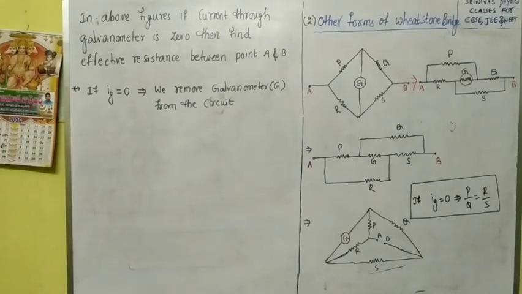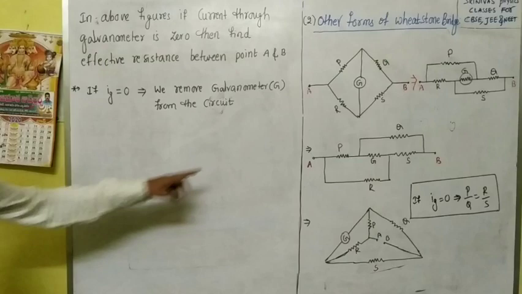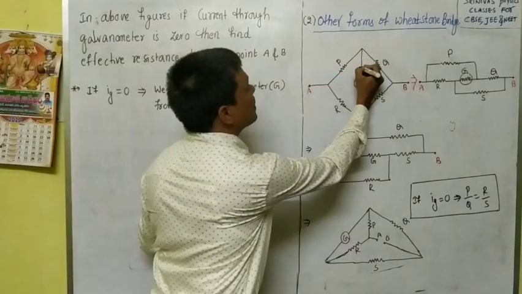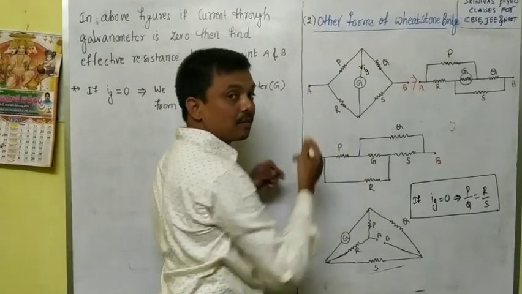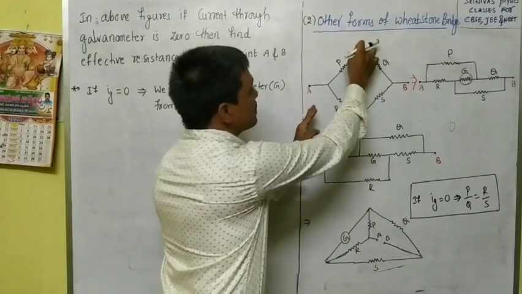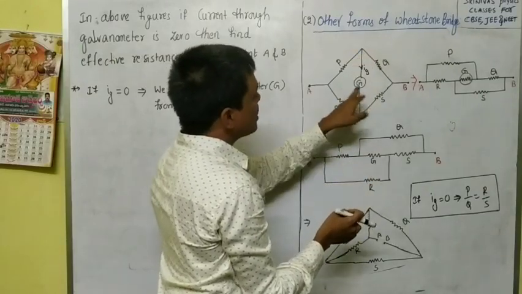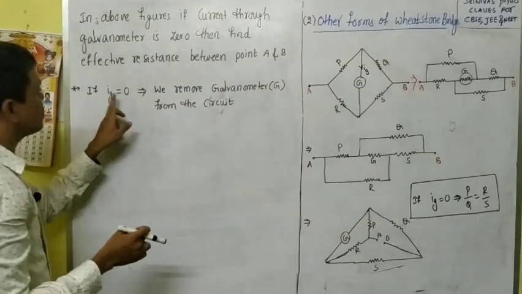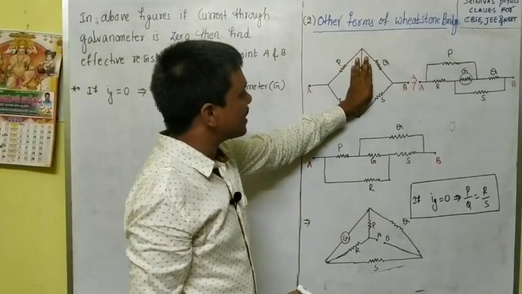Then how will you get the diagram after removing the galvanometer? If Ig is equal to 0, we can remove this part because current is not passing through it. Current does not pass between these two points.